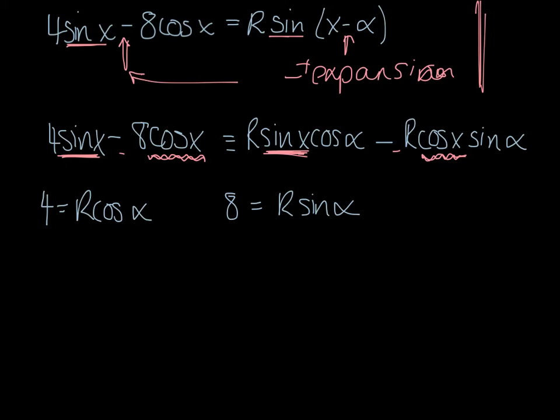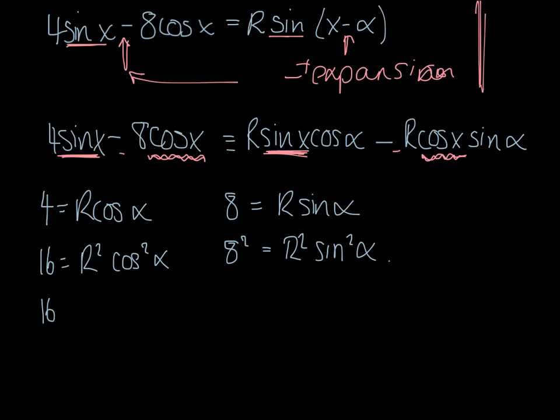Okay, finding r then. Square everything. So 16 equals r squared cos squared alpha, and 8 squared, because I can't be bothered to work it out, is r squared sine squared alpha. So 16, which is 4 squared, add 8 squared, must be r squared cos squared alpha plus r squared sine squared alpha.